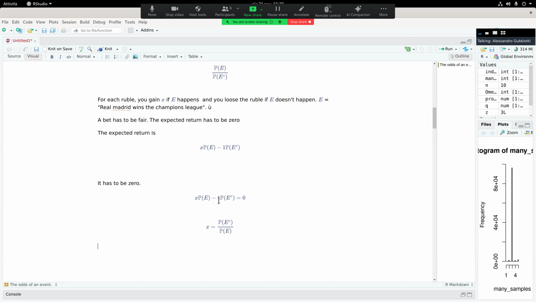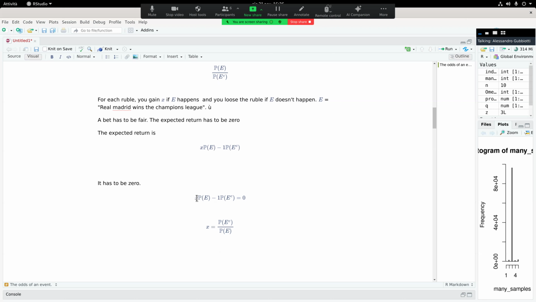So, if you win x for each ruble you put in... okay, probably I'm wrong in some sense, because this is the expected return.